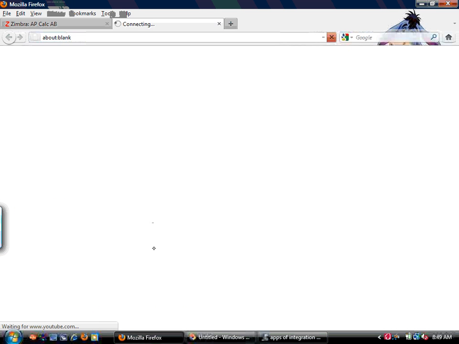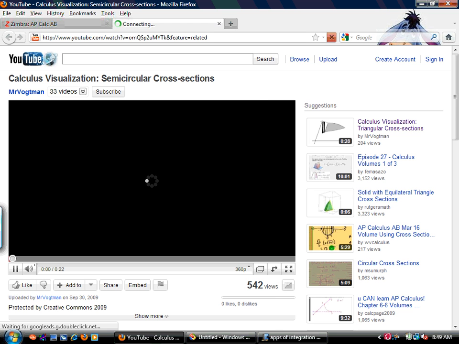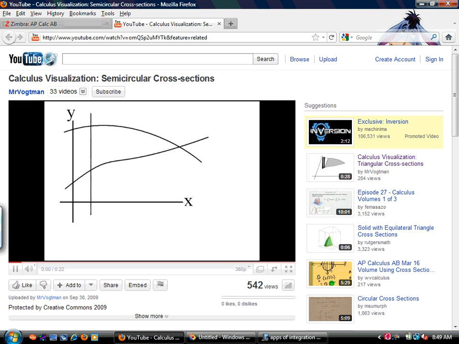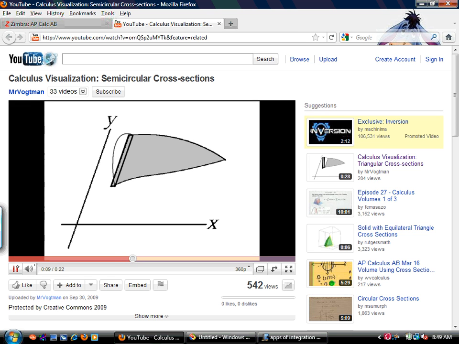The first one is somebody taking a curve and drawing the area. We know how to do that. What we're talking about now is building semicircles on top of that shaded area to create a volume.